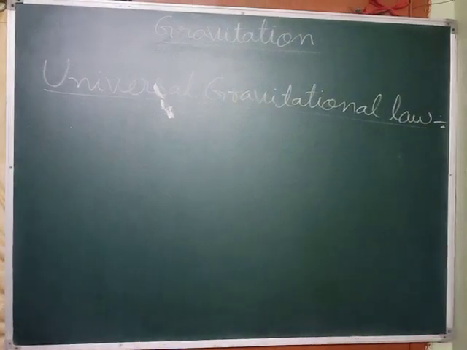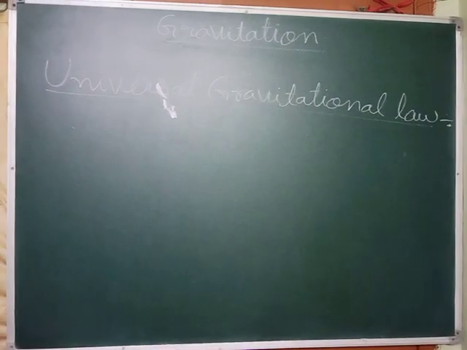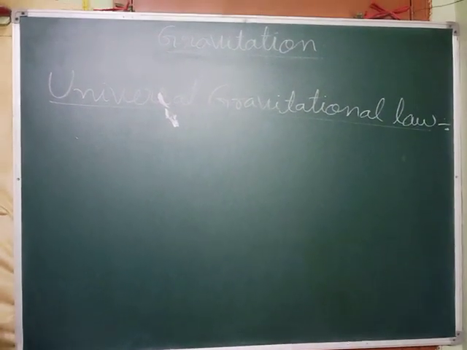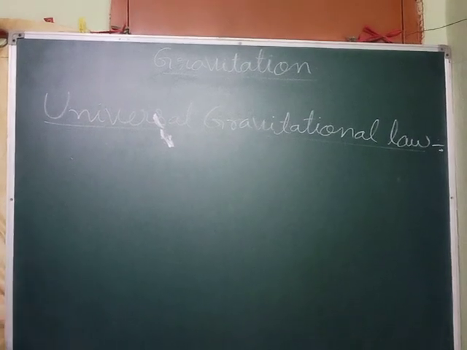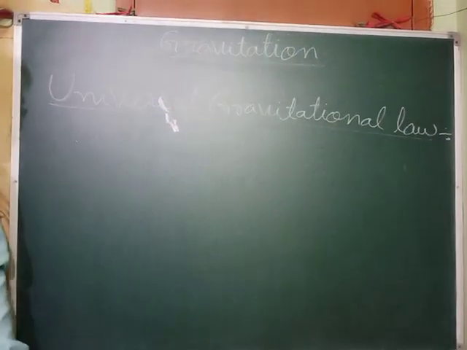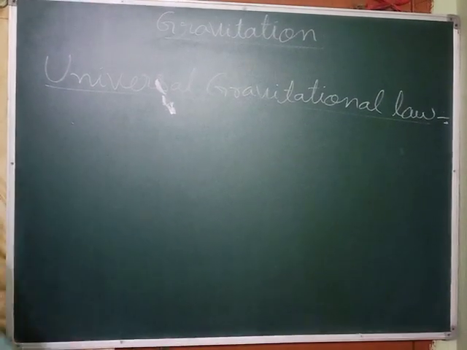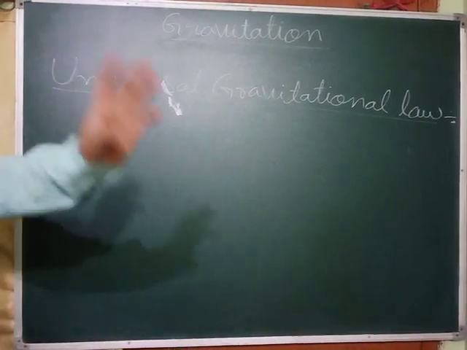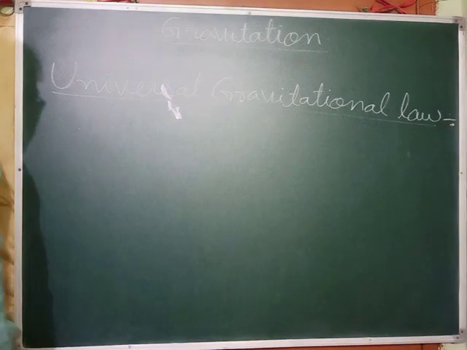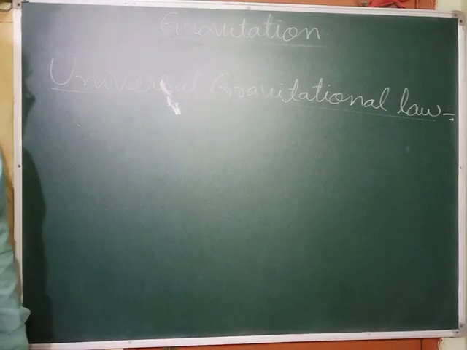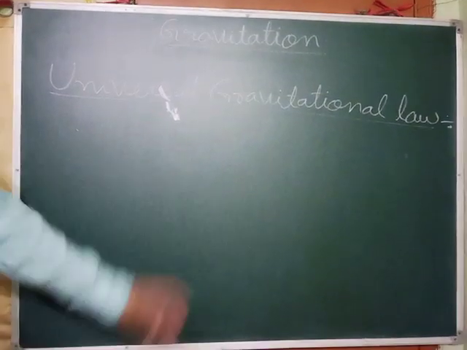Do you know who has given this law? It was Sir Isaac Newton who has given this law. He is also known as the father of modern science. You might have heard that very famous story. He was sitting under the apple tree, and an apple fell down, and he started thinking why it has come down, not gone up. So he has given this law.